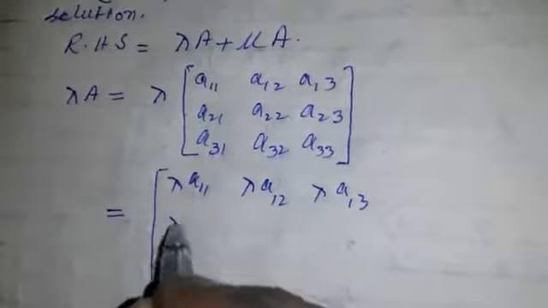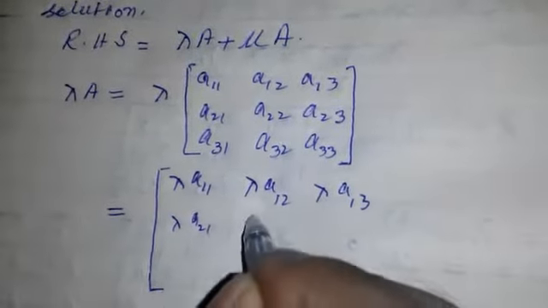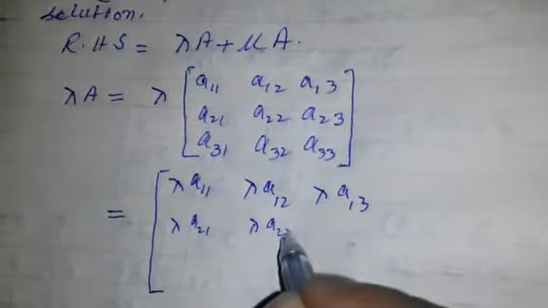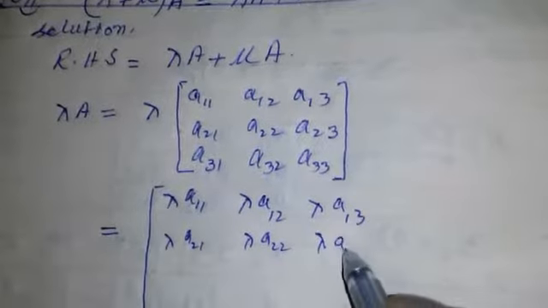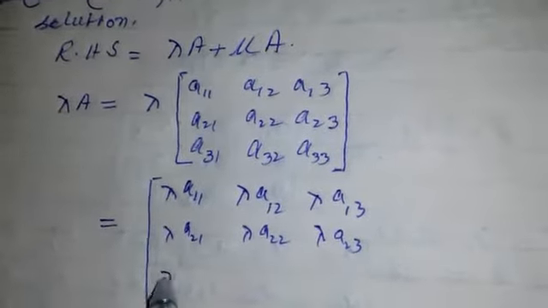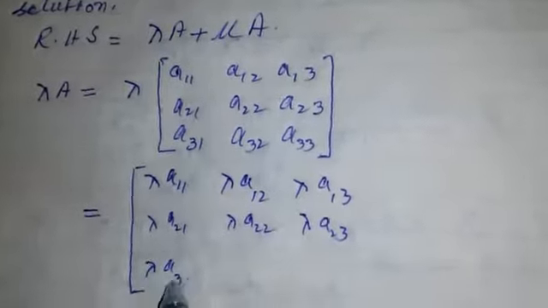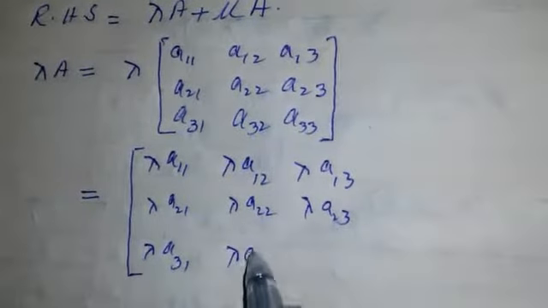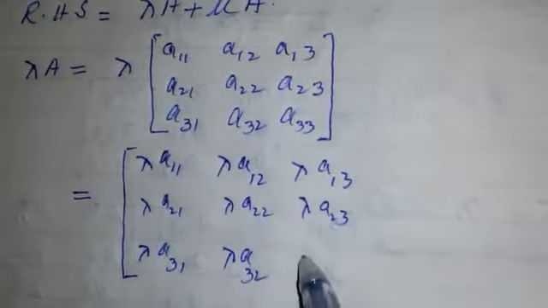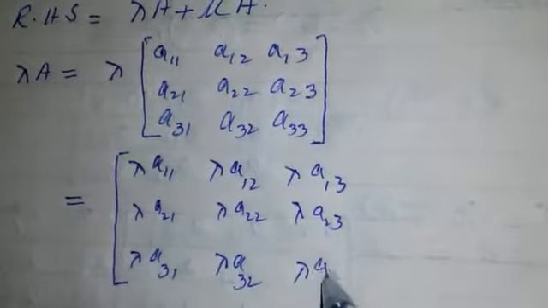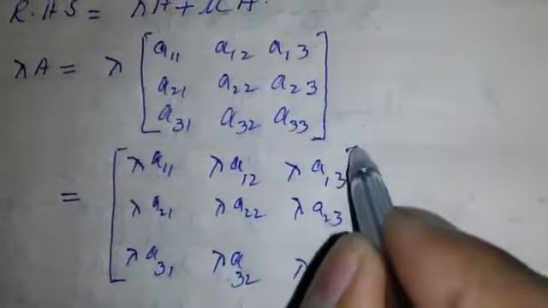So lambda A21, lambda A22, lambda A23, lambda A31, lambda A32 and lambda A33.